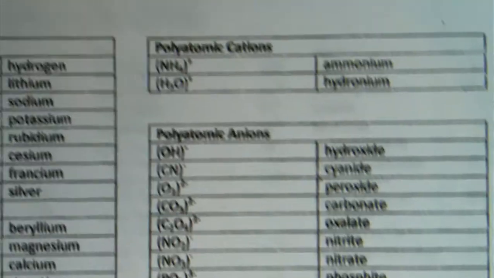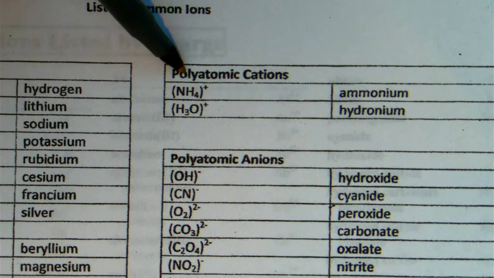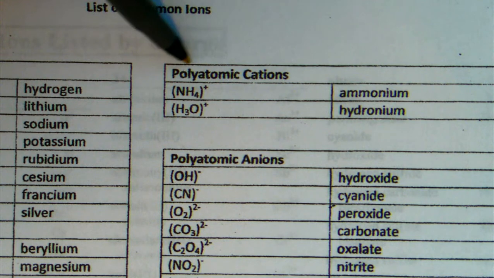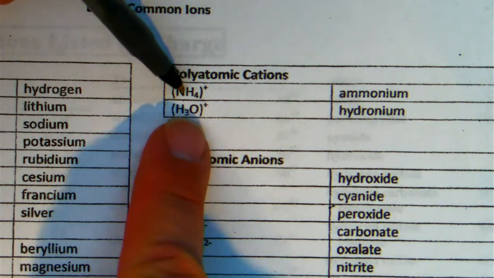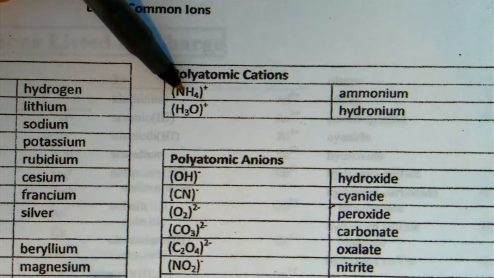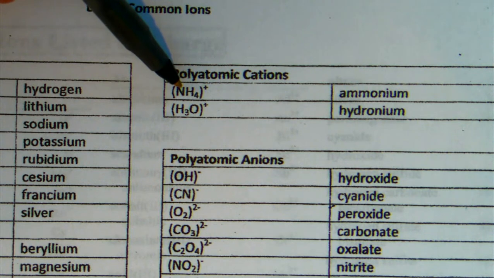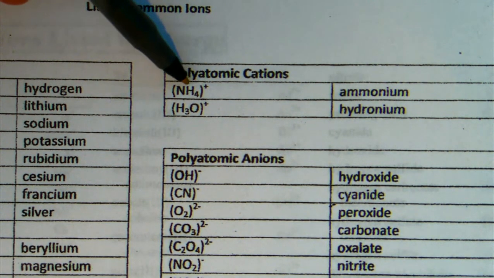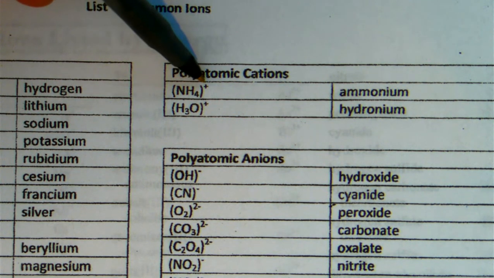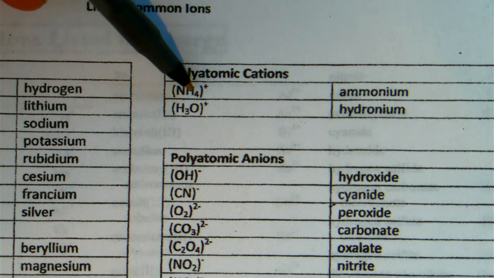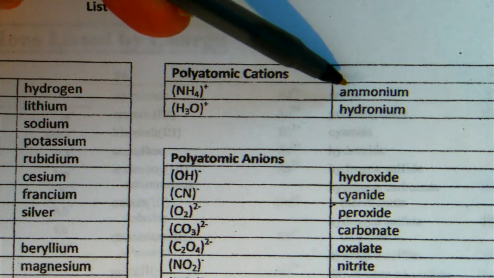Now, here's a new table. Polyatomic means multiple atoms. Polyatomic. This is a group. Everything in parentheses behaves kind of as if it were just one element. Overall, this one has always a 1 plus electric charge. Nitrogen with 4 hydrogens is called ammonium.